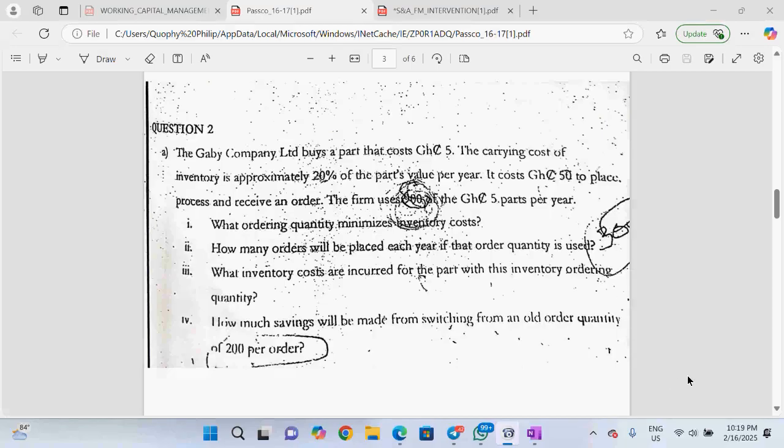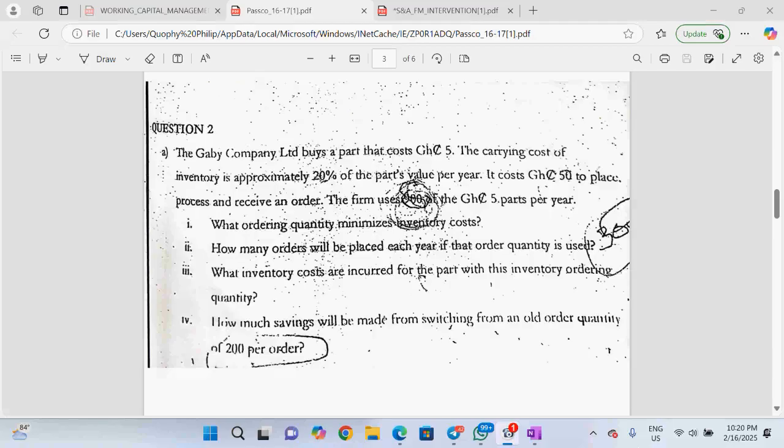What is the meaning of the I? Economic order quantity. Exactly. Economic order quantity.